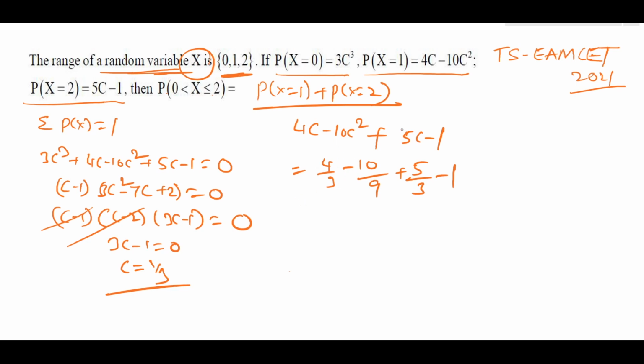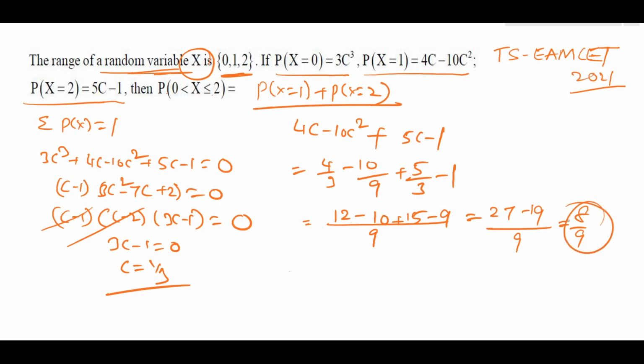Taking LCM 9: 4 3s are 12 minus 10, 5 3s are 15 minus 9. So 12 plus 15 is 27, minus 19, this is 8 by 9. This is the value of P of 0 less than x less than or equal to 2, which is equal to 8 by 9.